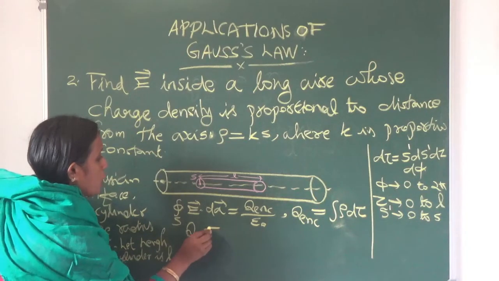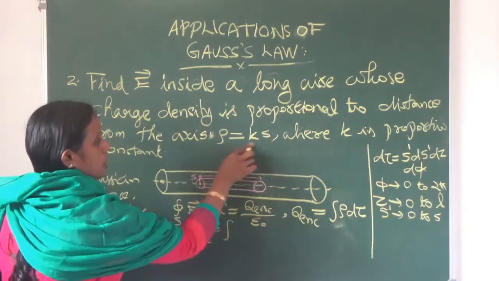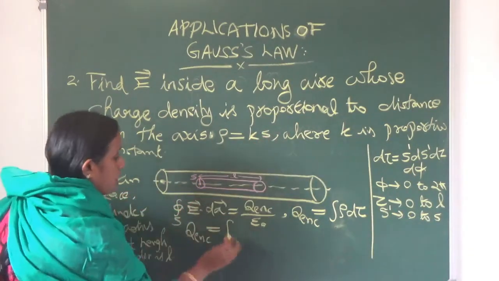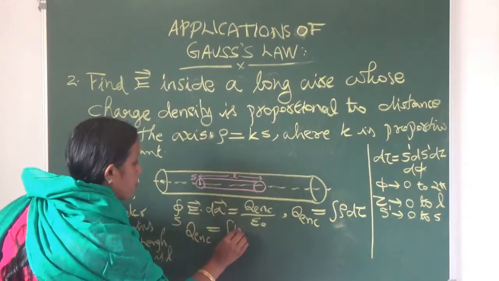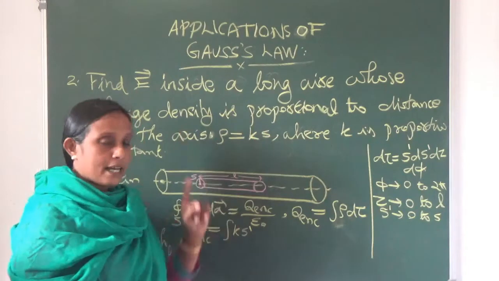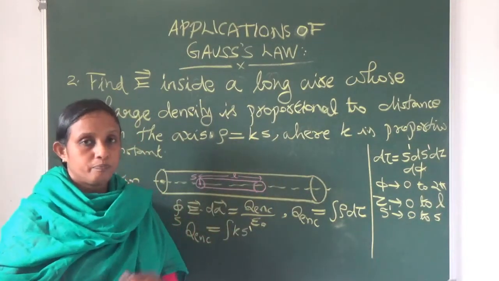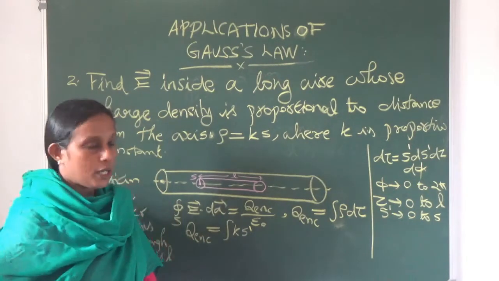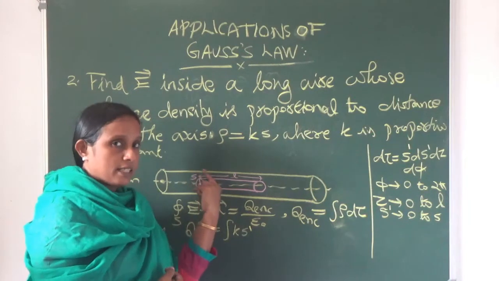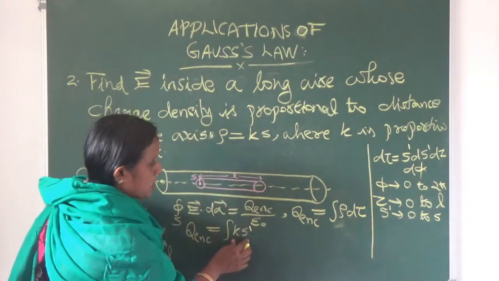Q enclosed equals the volume integral of rho, given by this expression, but this time I want to replace this S by S prime, K S prime, because this S lies on the surface of the Gaussian cylinder. In order to take a small variable as the variable, I put S prime here. So K S prime.